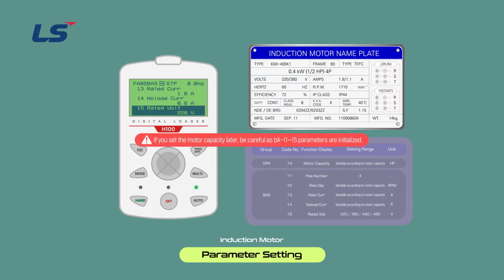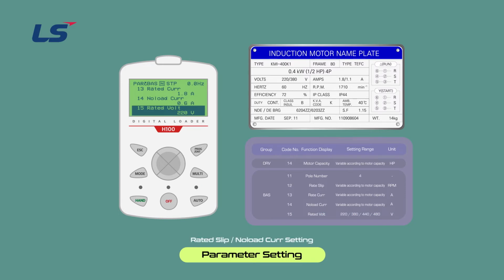If you set the motor capacity later, the BAS 11 to 15 parameters will be initialized, so please be careful. If the rated voltage of the motor is not input, it will follow the input voltage.